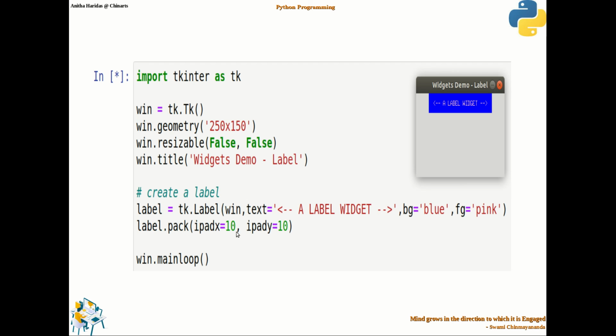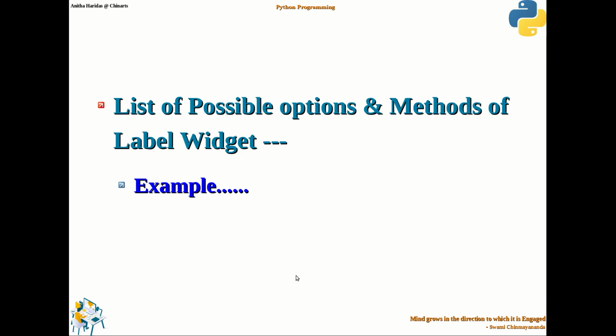So internal padding I'm giving. So what happens now? In the x-axis, it is having 10 pixels on both sides, as well as in the y-axis, it is having 10 pixels on both sides, top and bottom. So this is a very simple example you can take for the label widget.